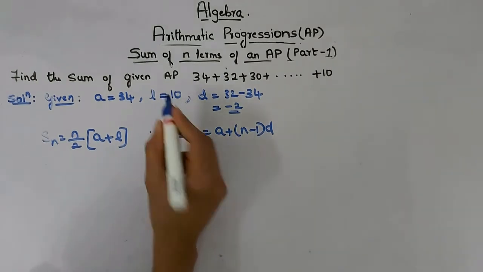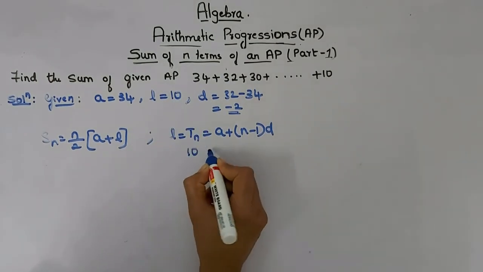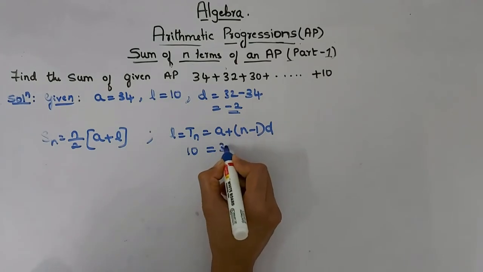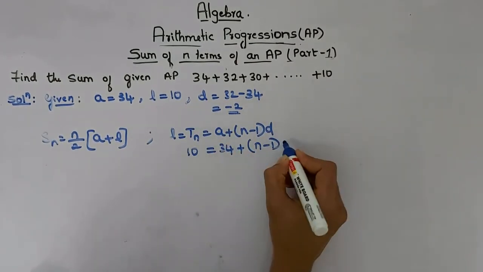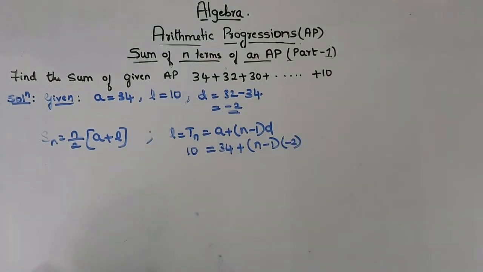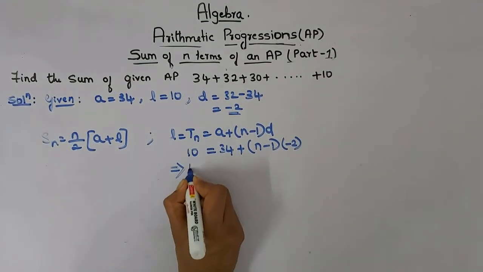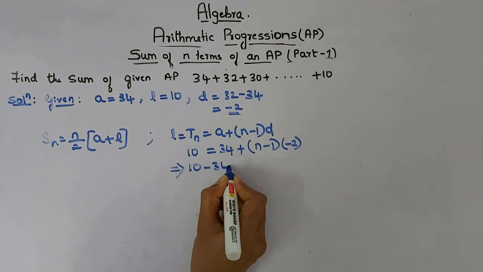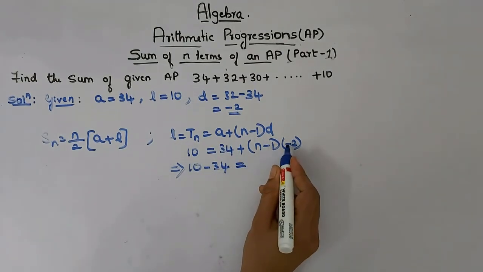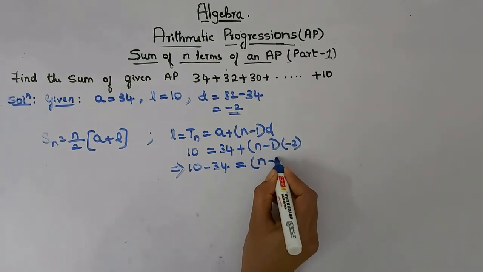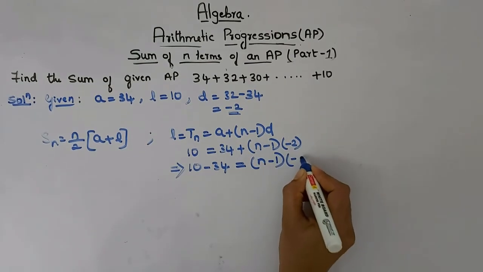So your last term 10 is equal to A, which is 34, plus n minus 1 into D, which is minus 2. Which implies 10 minus 34, bringing the 34 to the left hand side, is equal to n minus 1 into minus 2.